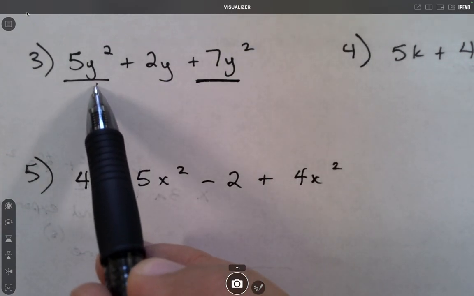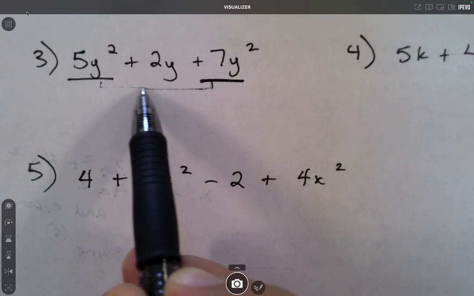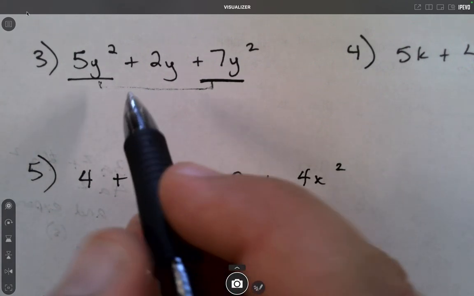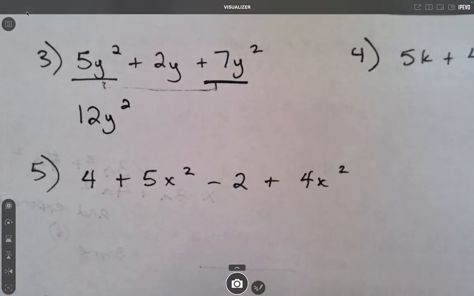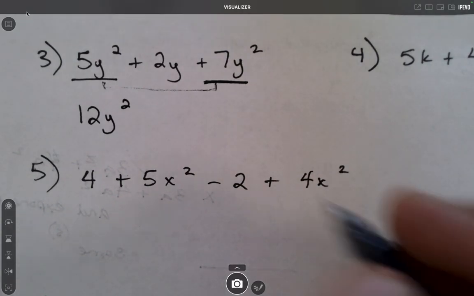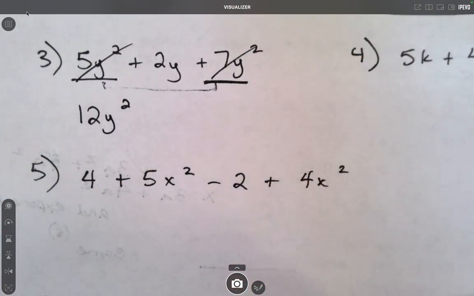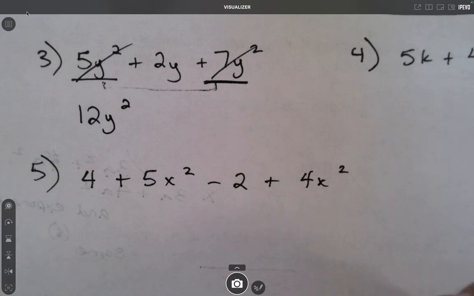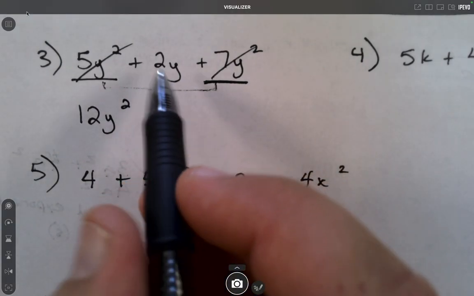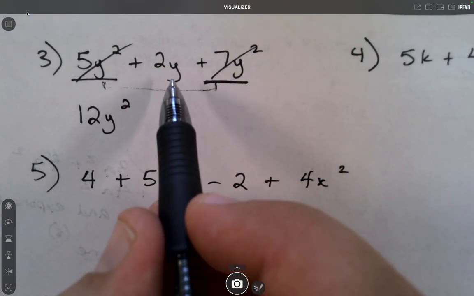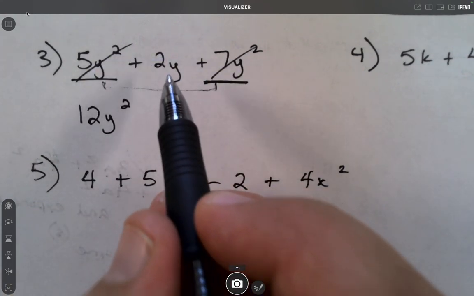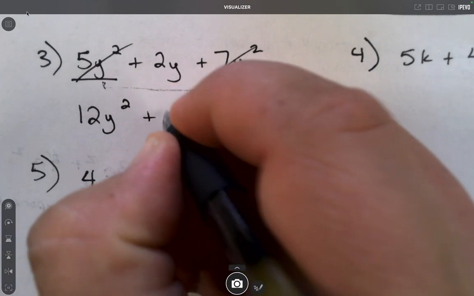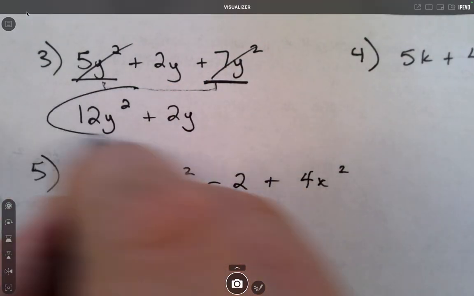So these two have the same variable pattern because they both have a y squared. So 5 plus 7 is 12, and I keep the y squared. So I've got those two pieces covered. And then just like the previous example, this has no like term. There's no other term with just a y in it. There are two terms with y squared we can combine, but this is the only term with a y, so we just have to leave it as is and write it as 2y.